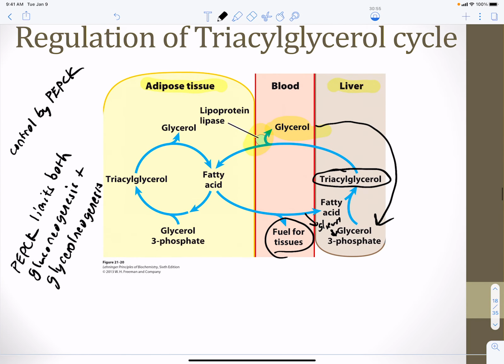Okay, so when you have glucocorticoid hormones such as cortisol, cortisol is going to help regulate PEP carboxykinase reciprocally in the liver and adipose tissue.